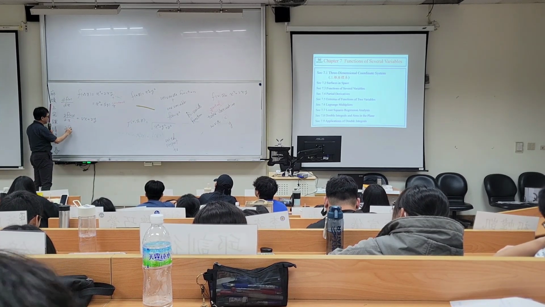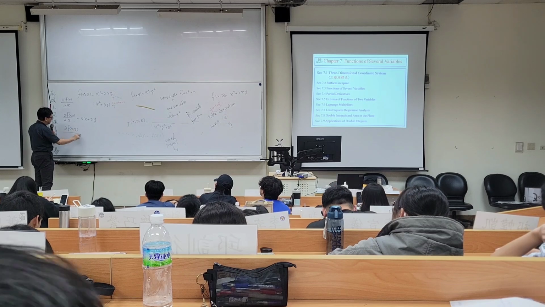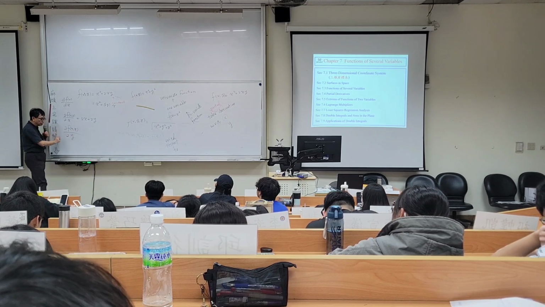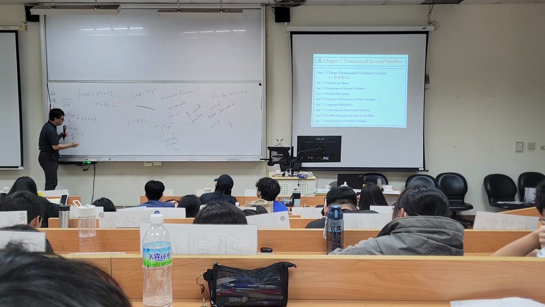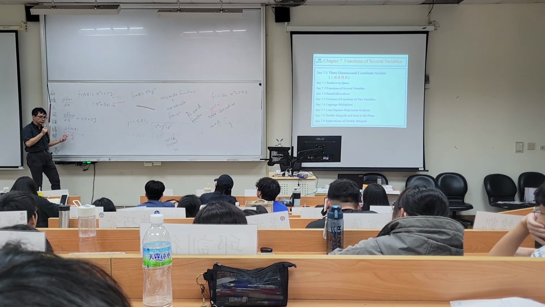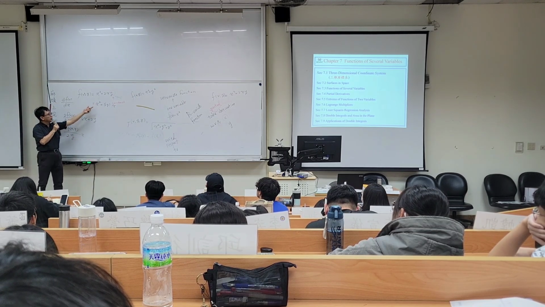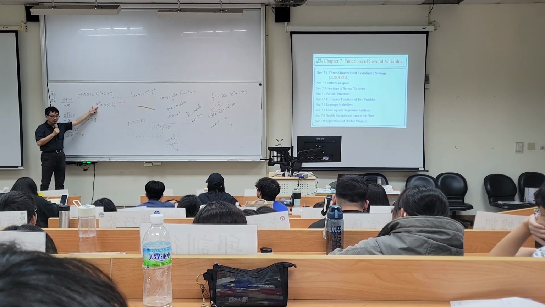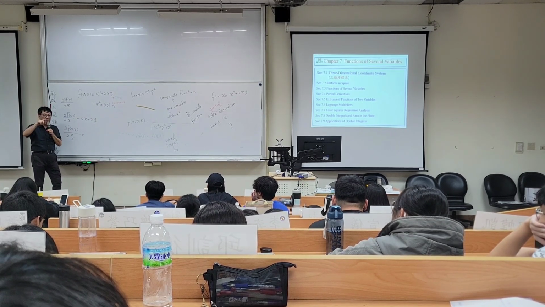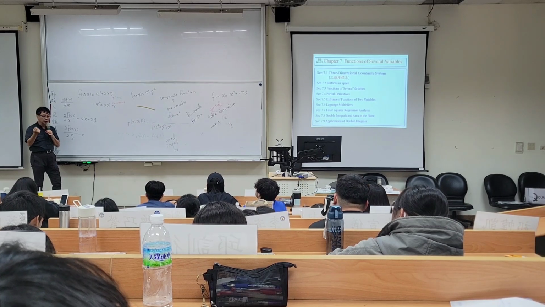And similarly, when taking the partial derivative with respect to y, x squared would look like a constant with respect to y. So the derivative of a constant is 0.